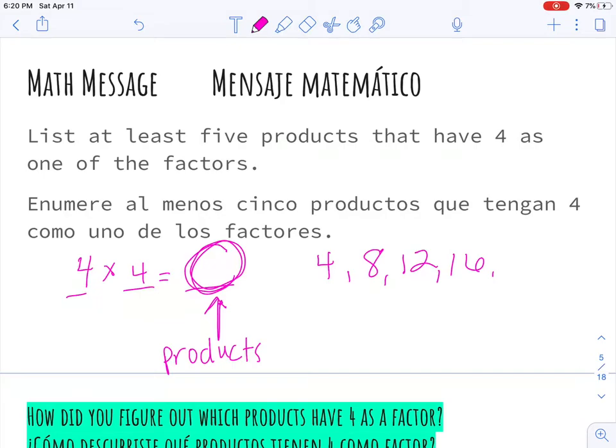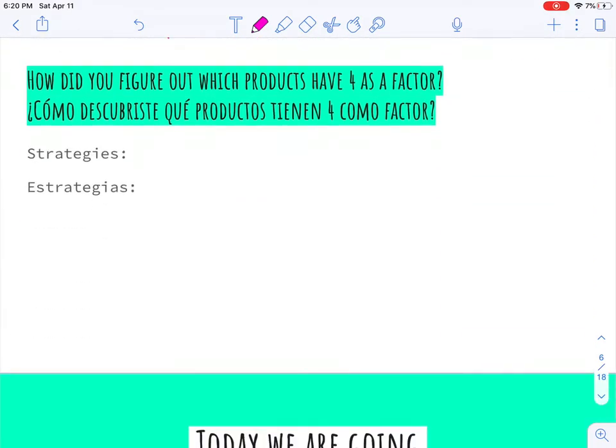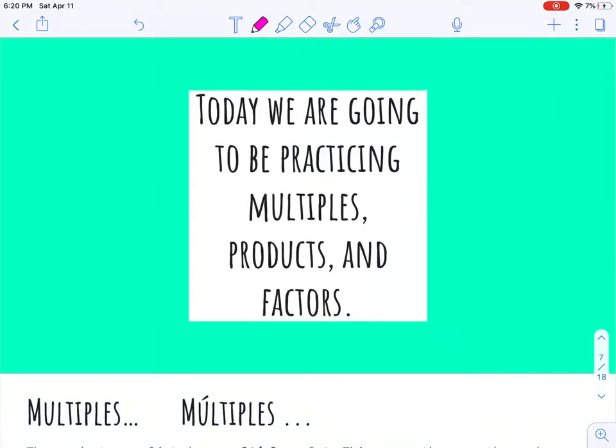And I would just go on. To find products that have a certain factor, you just need to count by that number. So 4, 8, 12, 16, 20, 24, 28, 32. These would all be products that have a factor of 4. And we call these something special. We call these multiples.